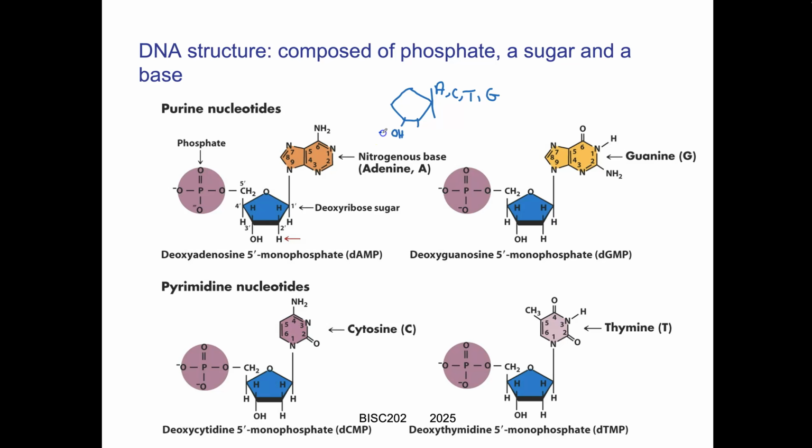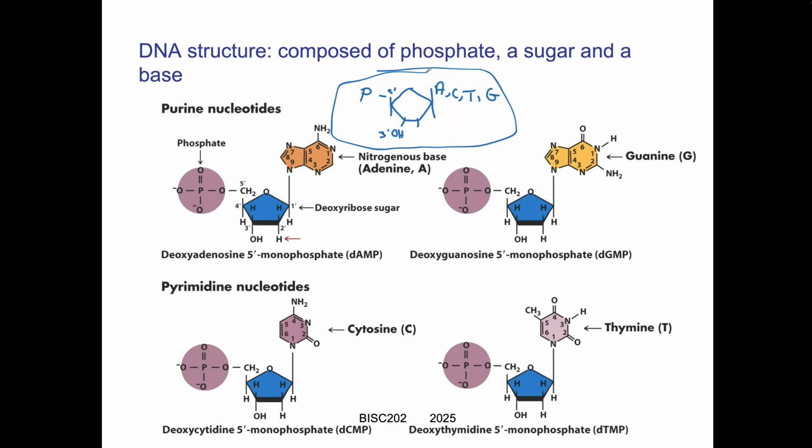That's what this is. And then the phosphate group on the 5'. And if you can draw this, that is enough of the structure for the purposes of this course.